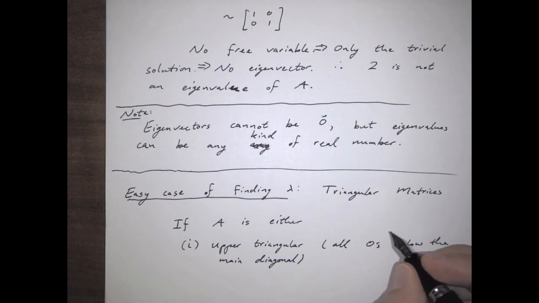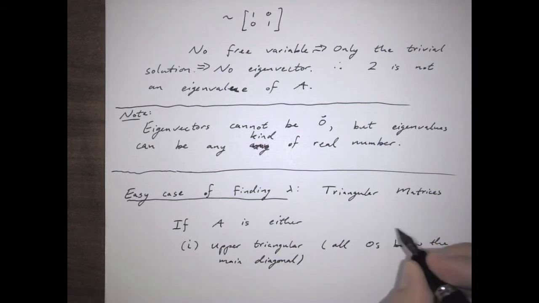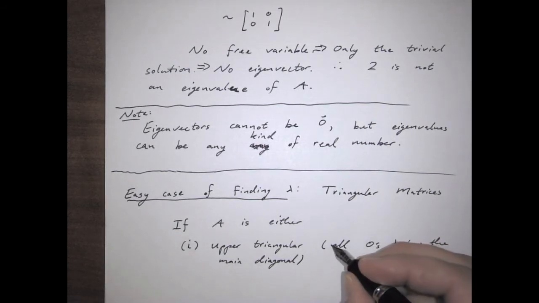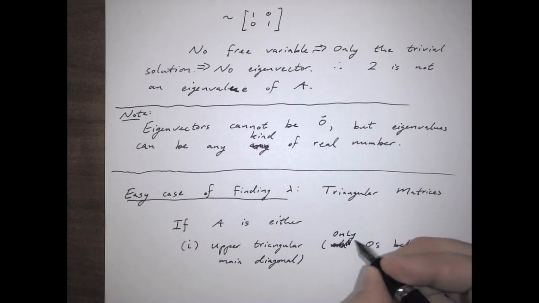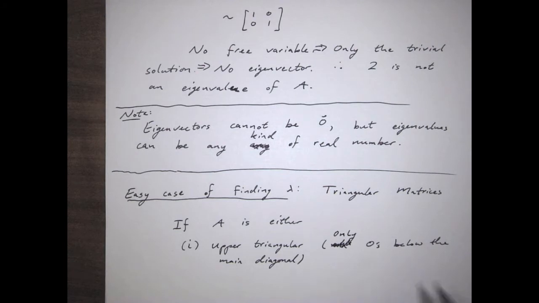I'm not saying that every zero in the matrix is there. I'm saying that every entry there is zero. So maybe I'll reword that as only zeros below the main diagonal.